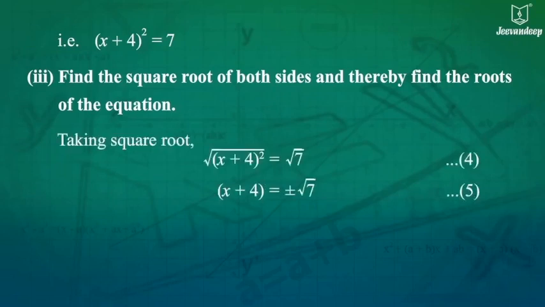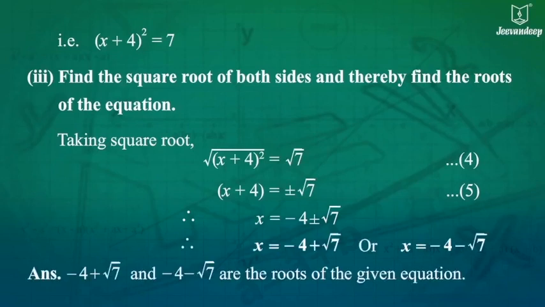Taking square root, we get x is equal to minus 4 plus minus root 7. Therefore, minus 4 plus root 7 and minus 4 minus root 7 are the roots of the given equation.